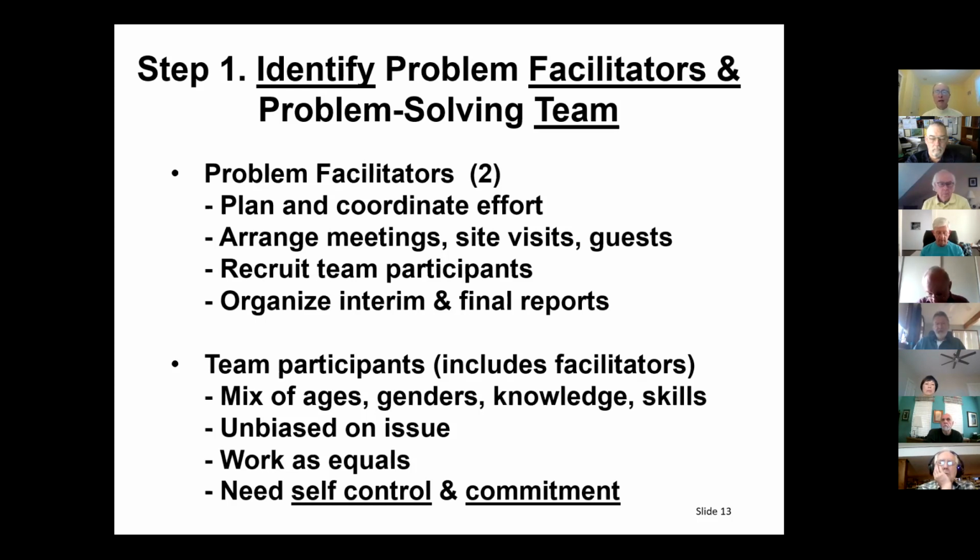Part of it is that we certainly need to reach agreement with everybody as you're recruiting. You ask them if they have a special bias on this. You explain that we can't have biases. If you have biases, you're going to have to put them aside and be totally open-minded.